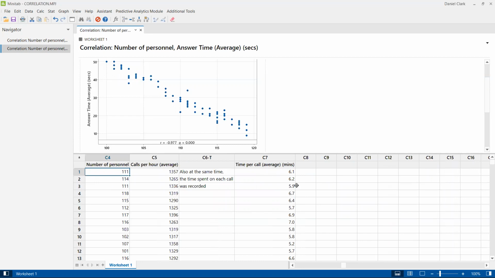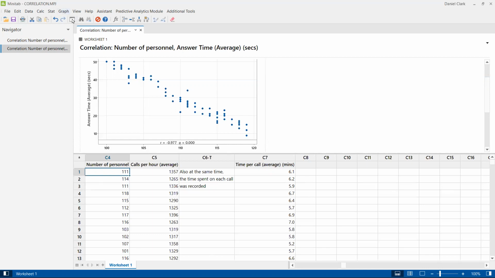My theory is that if there are more people working, there's not as much pressure to get through a call to pick up the next call. So the operators are spending more time on those calls. They're in less of a rush to get to the next call.